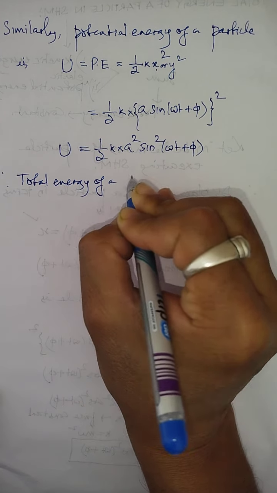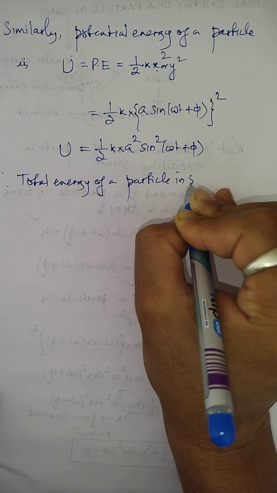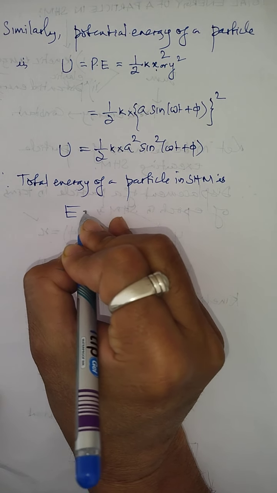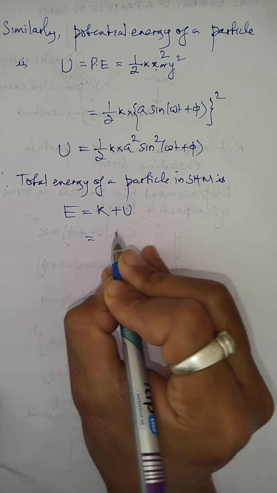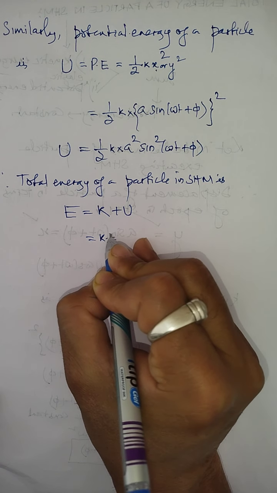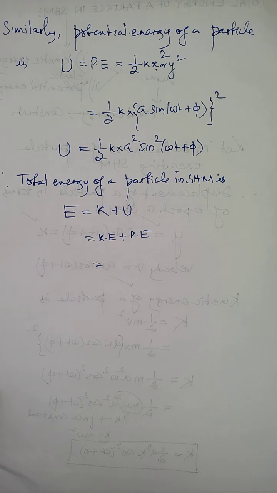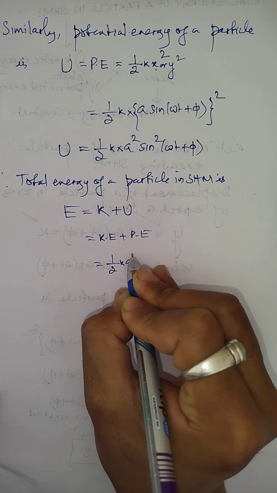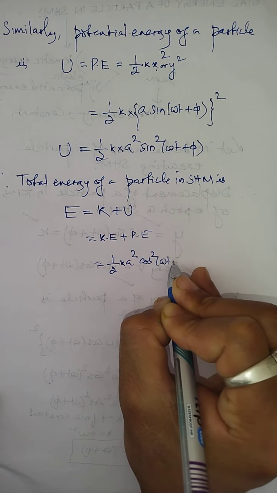So I calculate now the total energy of a particle in simple harmonic motion. This total energy is expressed by E, and it's nothing but K plus U, or kinetic energy plus potential energy, same thing. Now kinetic energy is half k A square cos square (omega t plus phi).